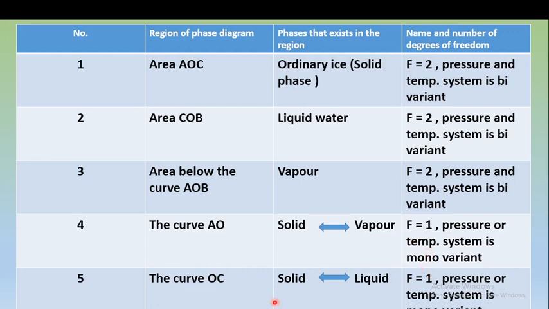Along the curve OB, solid and liquid are in equilibrium. Here solid is converted into vapor, so it is called a sublimation curve. Along the curve OB, solid is converted into liquid, it is called a melting curve. So here also F is equal to 1, the system is monovariant, pressure or temperature must be specified.